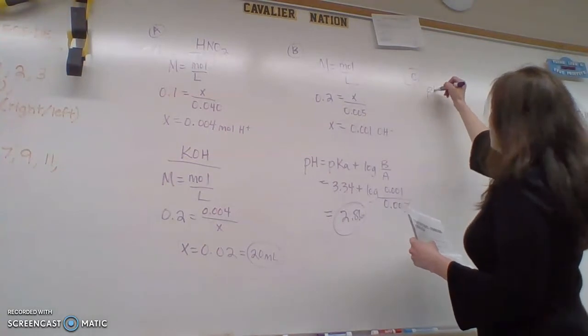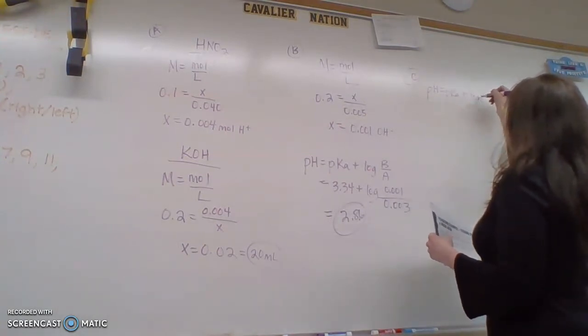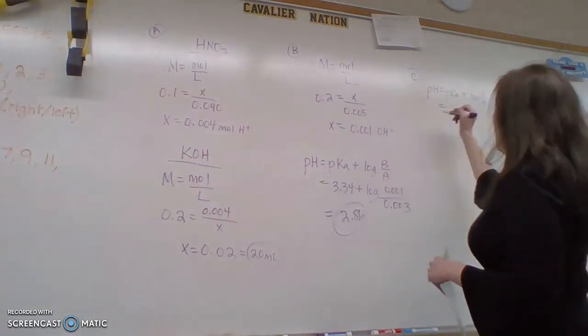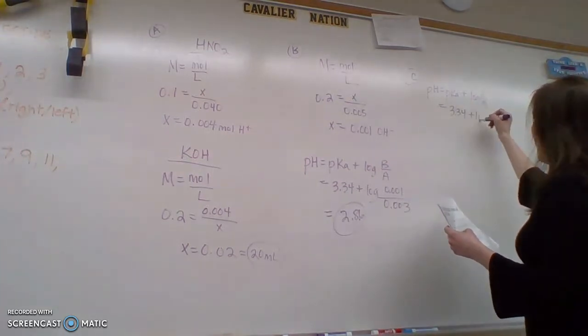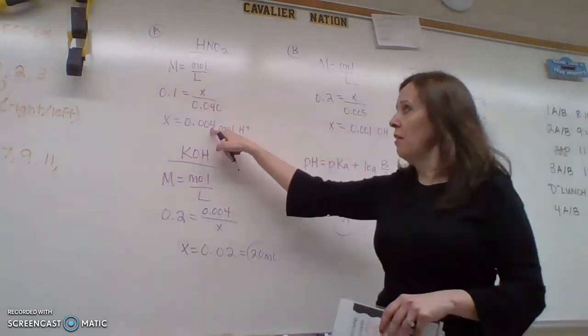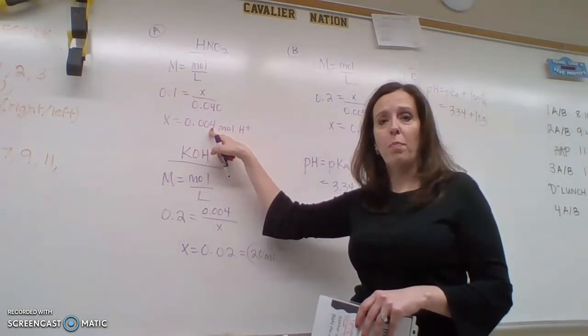Letter C says, what's the pH at one half of the equivalence point? So I do my Henderson-Hasselbalch again. The pKa is 3.34. And if I'm at the halfway point, this is the whole way to the equivalence point. The halfway point would be half of that.